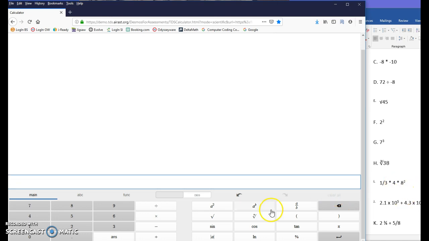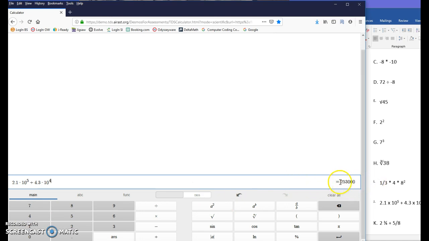The next one is long. I want to take 2.1 times 10, and it's to the 5th power, so I need to use this A to the B button. And I want to add that plus 4.3 times 10, and you can't see that maybe, but it's 10 to the 4th power.